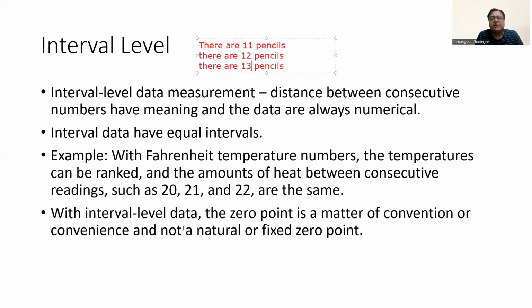With interval level data, the 0 point is a matter of convention or convenience and not a natural or fixed 0 point. So 0 degree Fahrenheit does not mean that there is no heat, because it is not an absolute scale. So 0 does not mean the absence of something here.